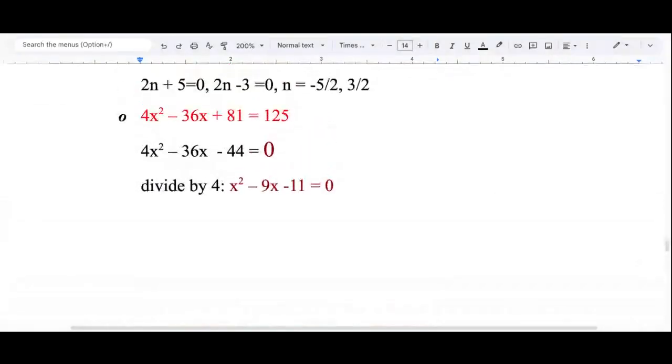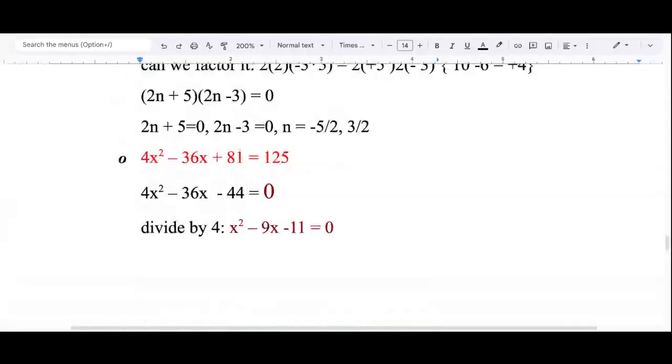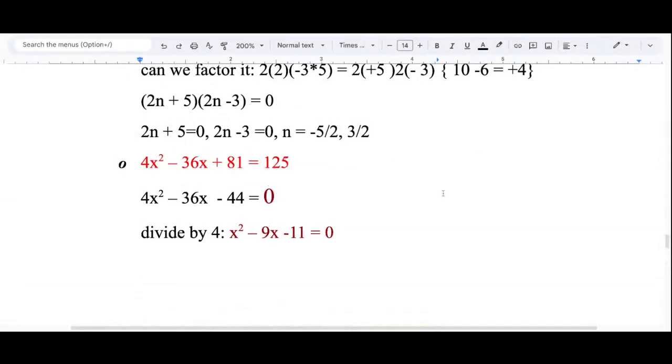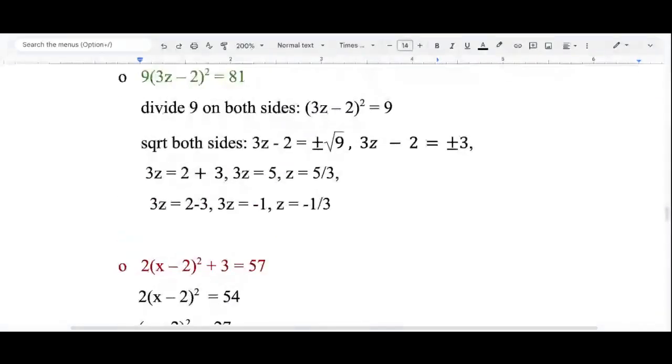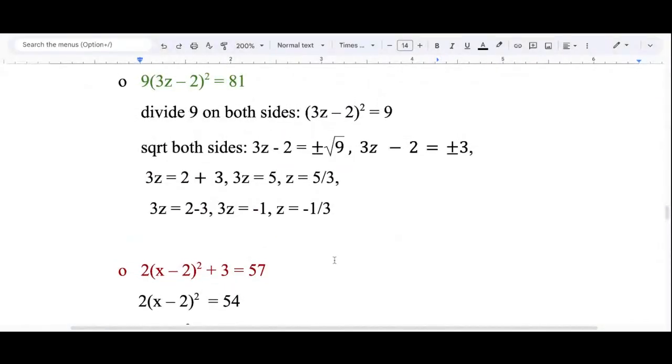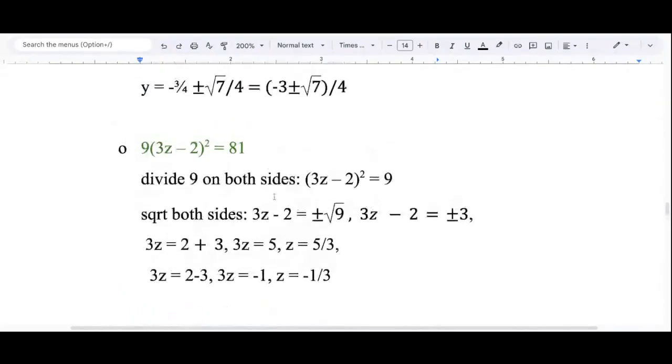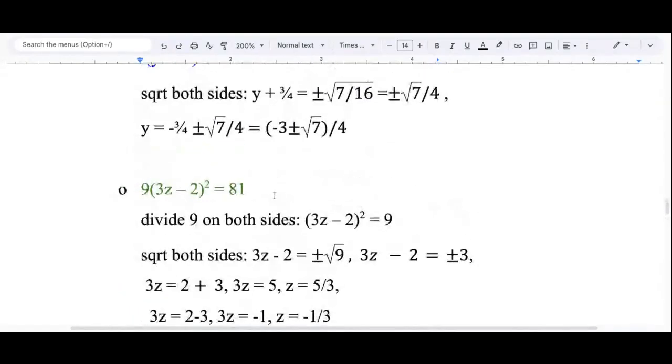So that's all for today. That's all the material for today. Does anyone have any questions about solving quadratic equations? You can use the factored form, you can use difference of two squares, or you could use the quadratic formula.